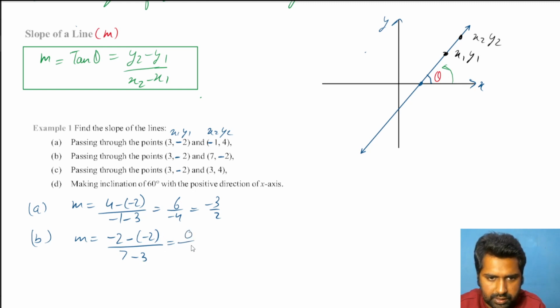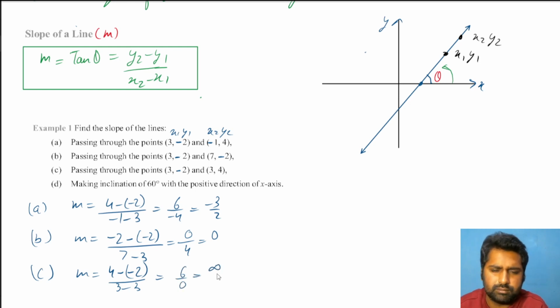This becomes 0 by 4, that's 0. Third part, passing through 3 comma minus 2 and 3 comma 4. So m is 4 minus minus 2 upon 3 minus 3, that's 6 by 0, that's infinite. We'll not say not defined, we'll say infinite.